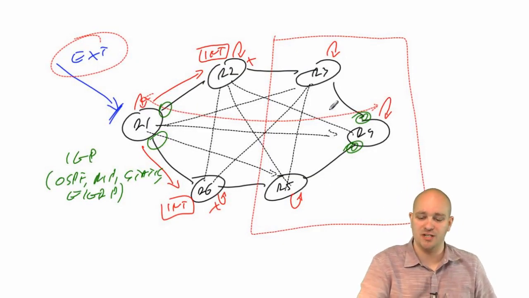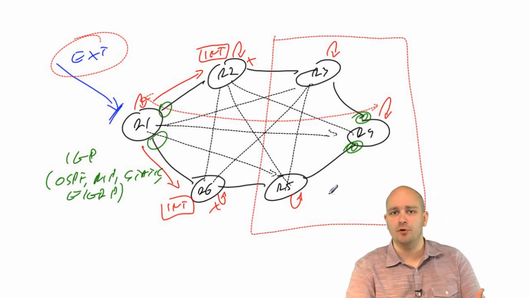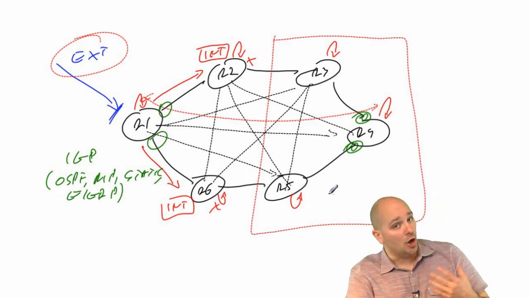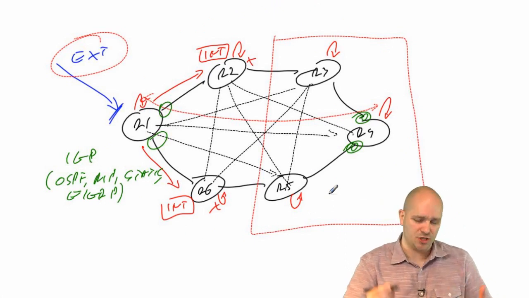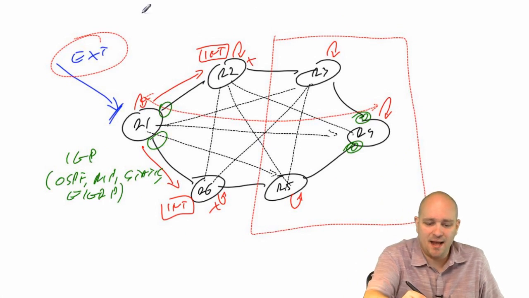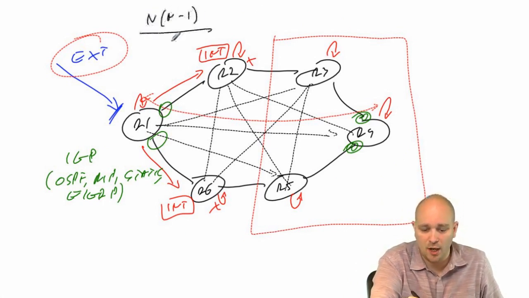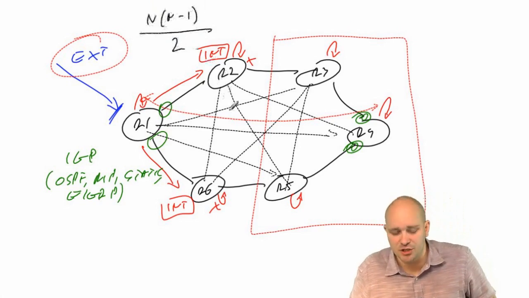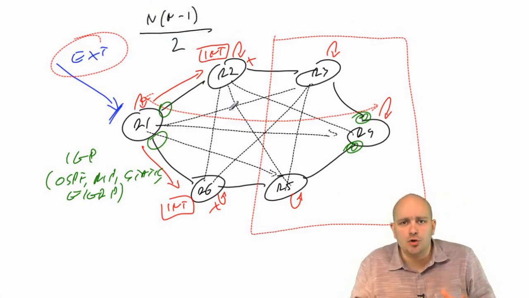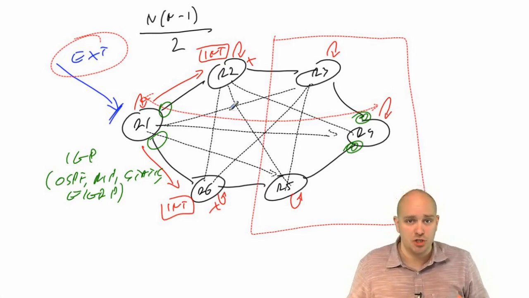The problem with full mesh is if we have a really large autonomous system, and remember, the primary users of BGP are large international carriers or national carriers or large ISPs, and they have a large number of routers. And the full mesh means that there is going to be n times n minus 1 over 2 number of peering sessions. And that can grow dramatically, and maintaining these peering sessions can become a challenge.